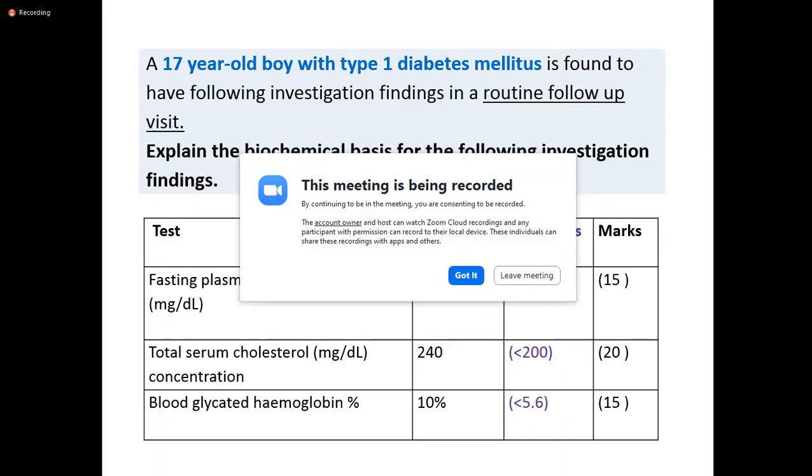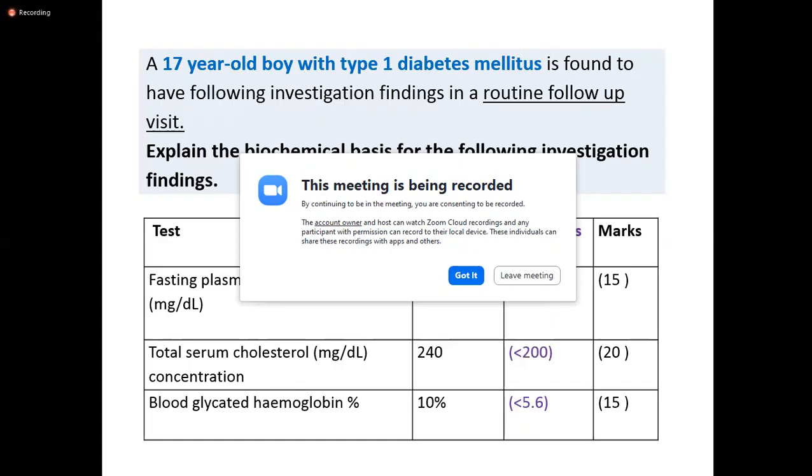Diabetes mellitus is a group of metabolic diseases characterized by hyperglycemia resulting from defects of insulin secretion, insulin action, or both. In type 1 diabetes mellitus, there is a loss of insulin producing beta cells, which results in the loss of insulin secretion.